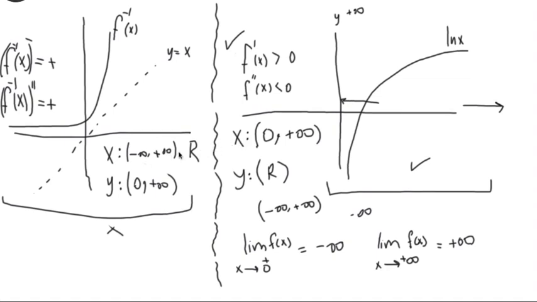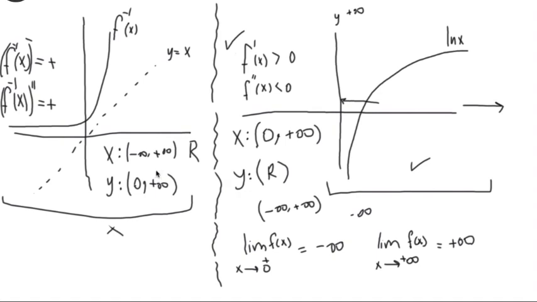Okay, so if you consider this too, whenever you take the inverse of any function, the domain of the original function is the range of the inverse function. This is the domain of the original function, 0 to positive infinity, and it would be the range of the inverse function because it is reflected about y equals x.